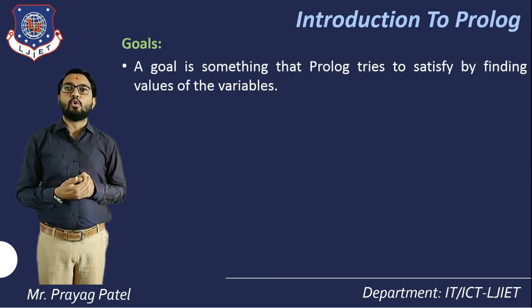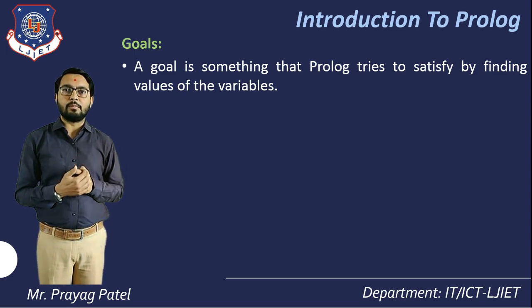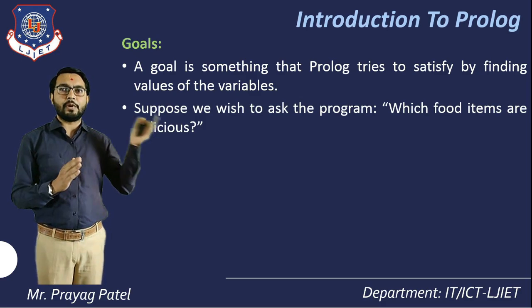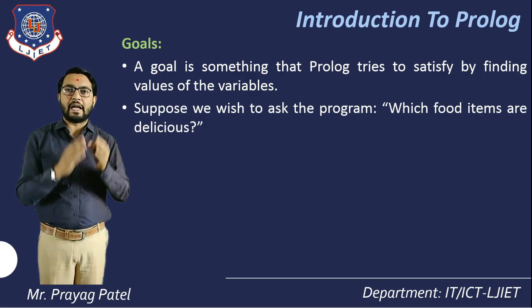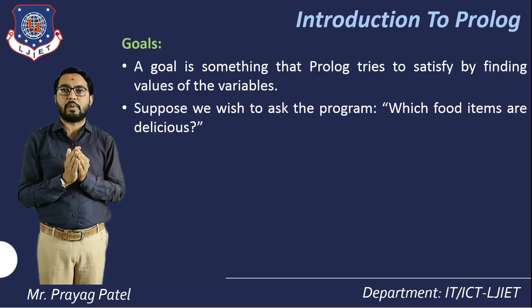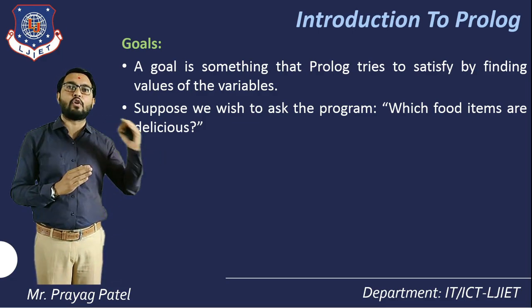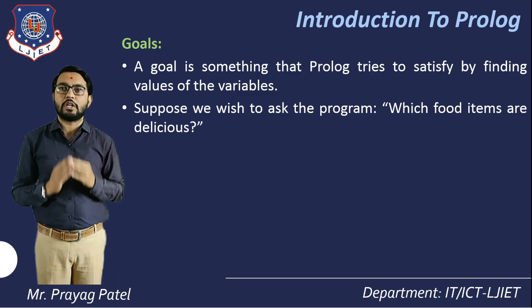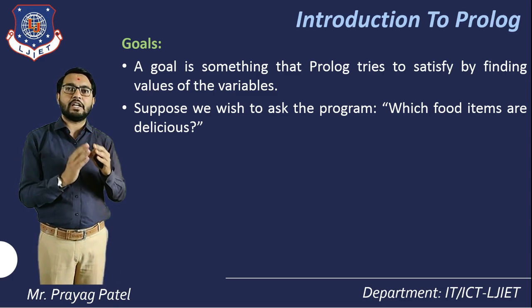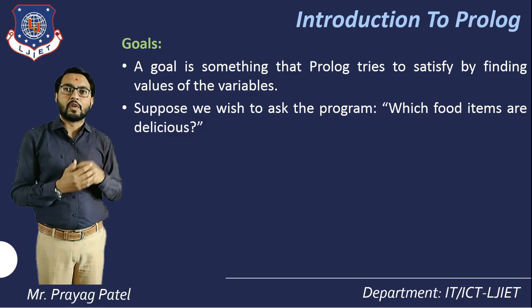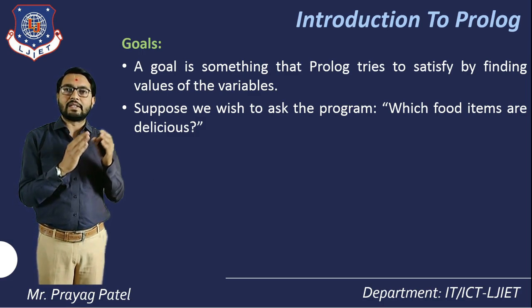Now next one is a goal. A goal is something that Prolog tries to satisfy by finding the value of the variables. So in the previous case we wrote the question. That question is considered as a goal statement. For example, mother(X, Y). Then what is the value of X and what is the value of Y as a goal statement. For example, we write teacher(X), then who is teacher? So X value as a teacher.